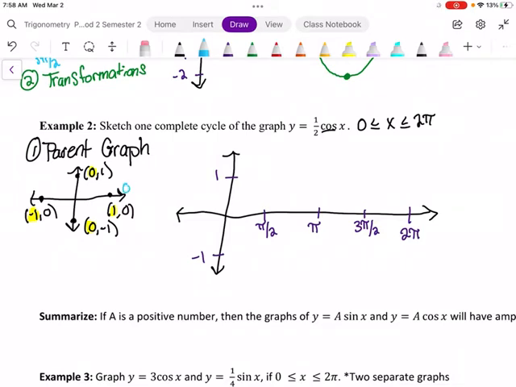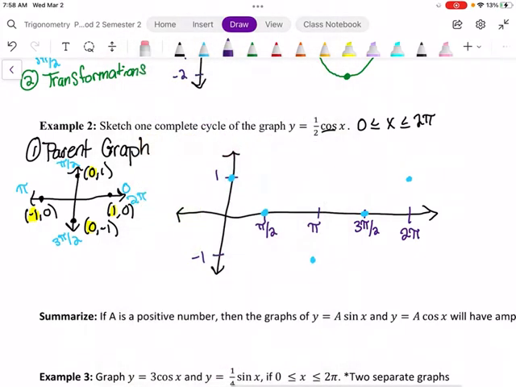So our cosine of 0 is going to be 1. Cosine of pi over 2 is going to be 0. Cosine of pi, -1. Cosine of 3 pi over 2 is 0. And the cosine of 2 pi is 1 again.